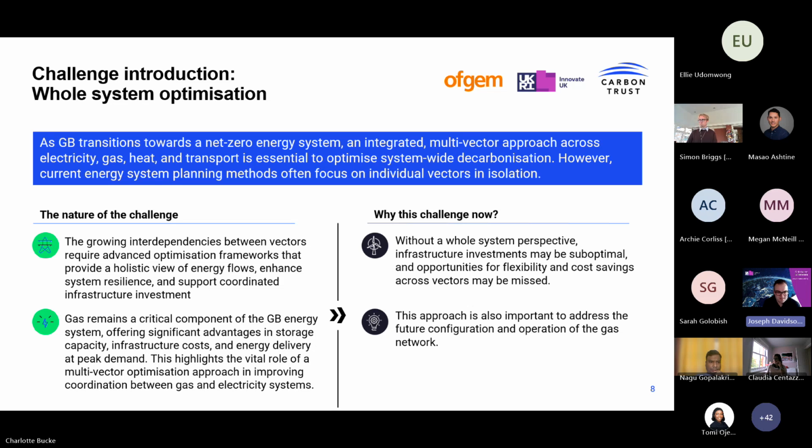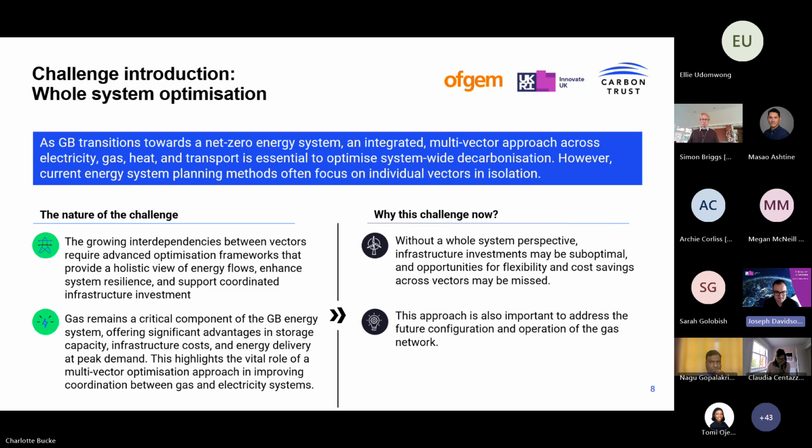So challenge 7 is in the context of the GB energy system targeting net zero and looking at a number of different vectors and sectors looking to decarbonise. Sam mentioned heating, transport, industry, and the need for optimisation and whole systems thinking for the most efficient decarbonisation pathways across these vectors, and breaking down some of that siloed approaches that can prevent some of these benefits being unlocked.